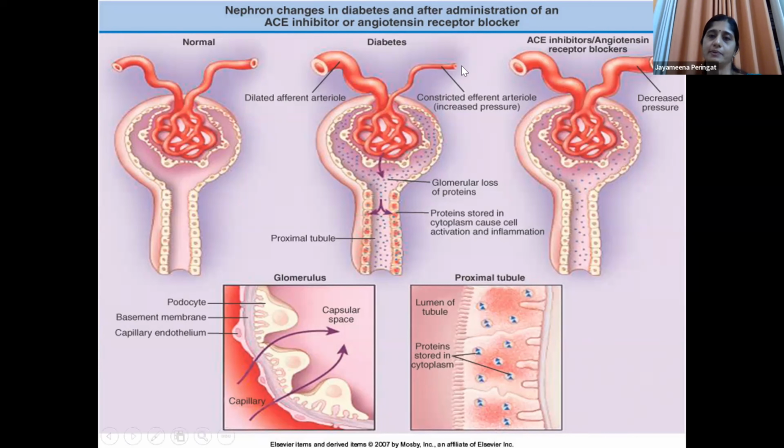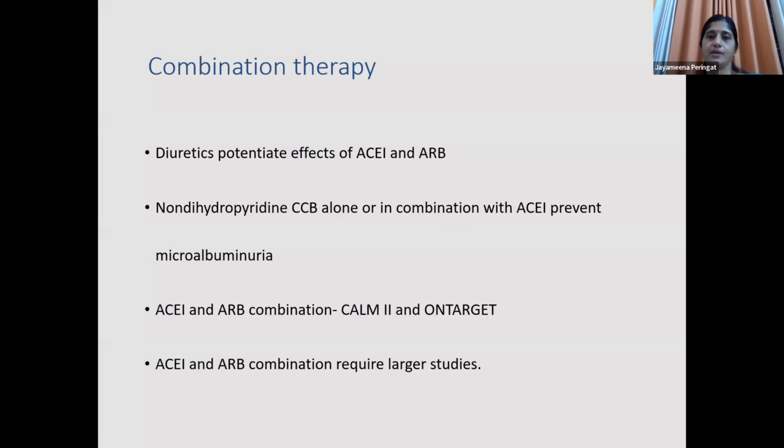Once you open this up, the GFR decreases suddenly in patients with renal artery stenosis. But in diabetics, because of the increased intraglomerular pressure, the dilatation of the efferent arteriole decreases the glomerular hypertension, and it decreases the proteinuria. So you have to weigh the balance between proteinuria and decline in GFR.